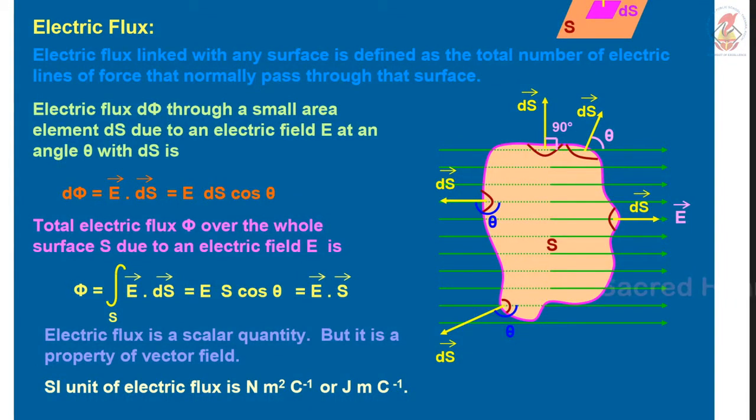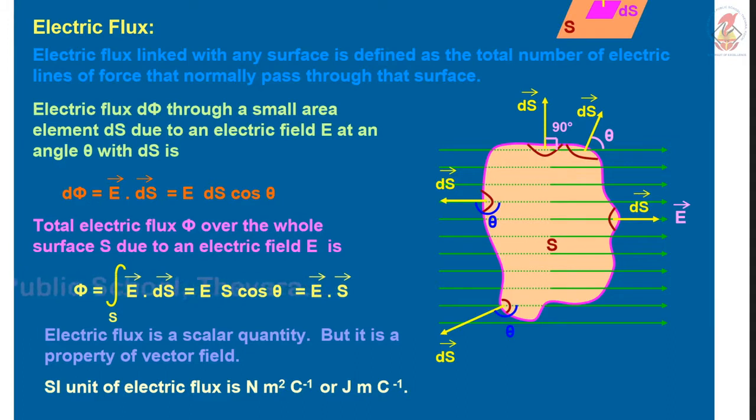So d phi is equal to vector E dot vector dS. And we have already studied A dot B is AB cos theta. So here vector E dot vector dS is E dS cos theta. Now how will I find the total electric flux passing through the surface?